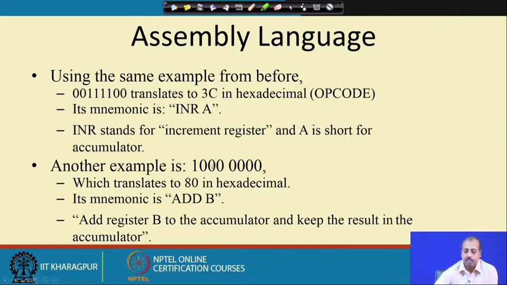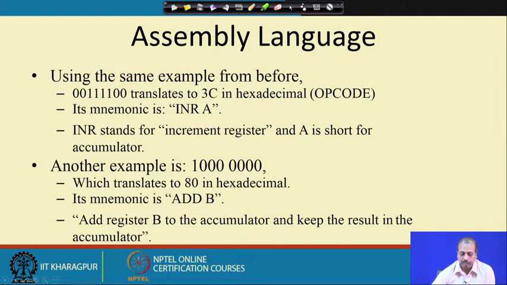Take another example. Suppose we have a bit pattern 10000000. This is 80 in hexadecimal, and if you look into the manual of 8085, you will find that this particular code corresponds to the mnemonic ADD B. Here ADD is the mnemonic and B is the operand. This whole thing is an instruction in the assembly language.